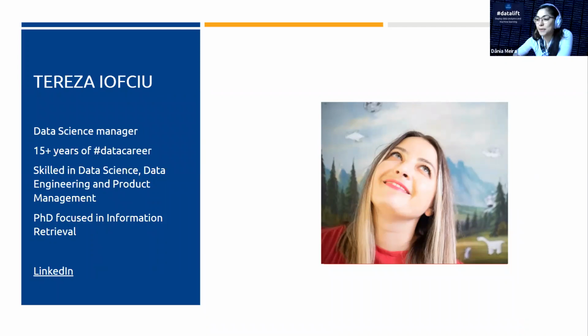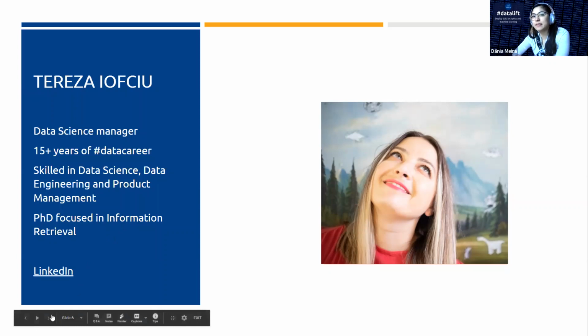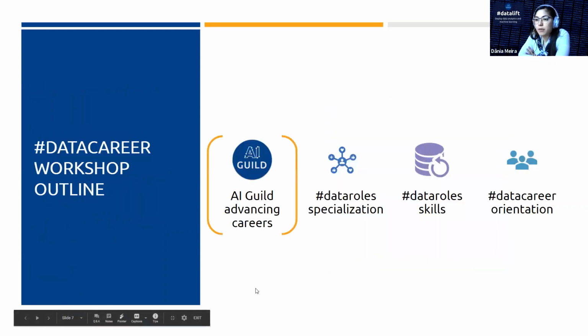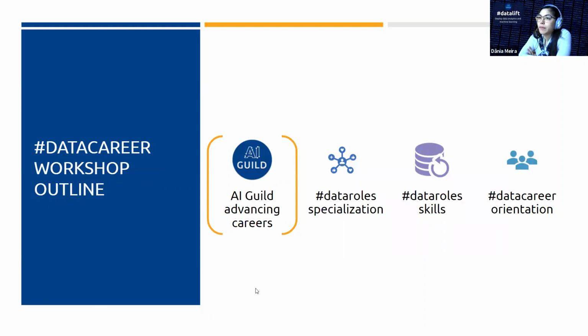Right. You will hear more about Tereza later in the webinar. Let me give you the outline of what we have planned for today. First, we are going to say some words about the AI Guild and the effort that we are doing to advance data careers.